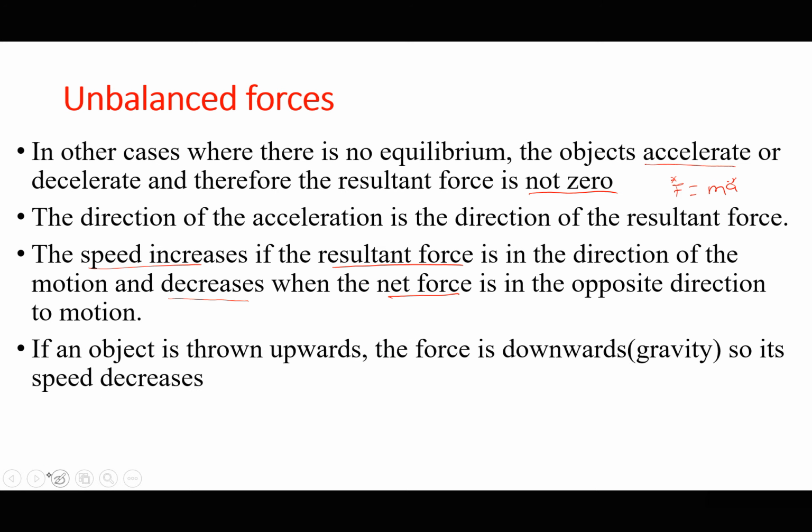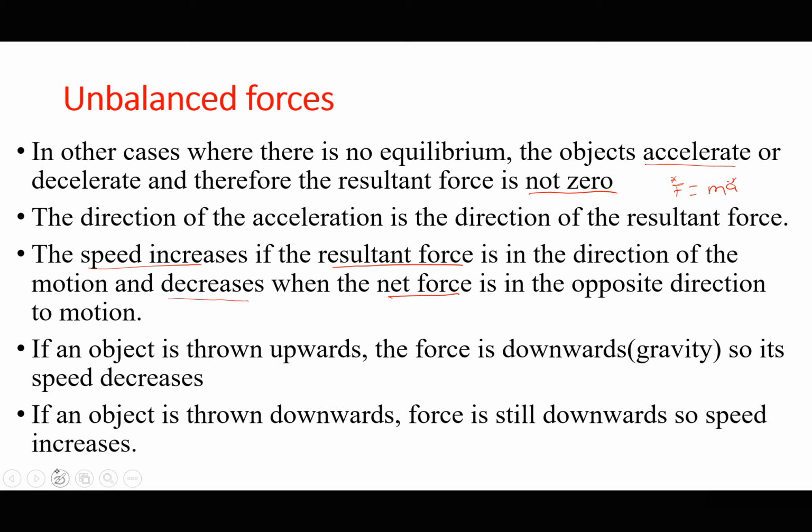I gave a simple example that if an object is thrown upwards, the force is downwards. That is, the resultant force is the force due to gravity, which is downwards. So its speed decreases. On the other hand, if the object is thrown downwards, the force is still downwards, so the speed is expected to increase. So if the resultant force and motion are in the same direction, the body speeds up. If they are in opposite directions, the body is expected to slow down.